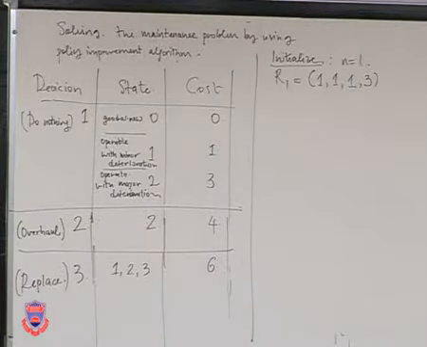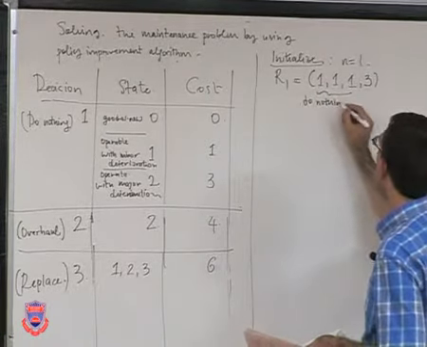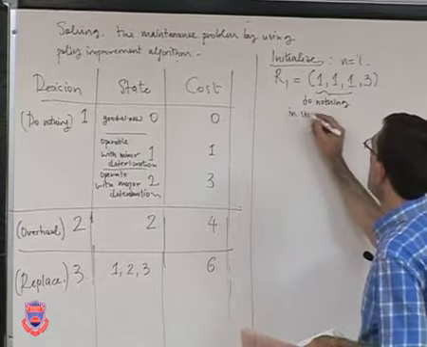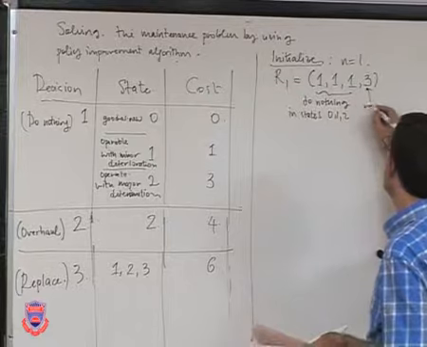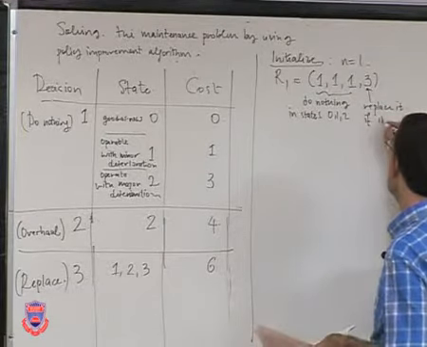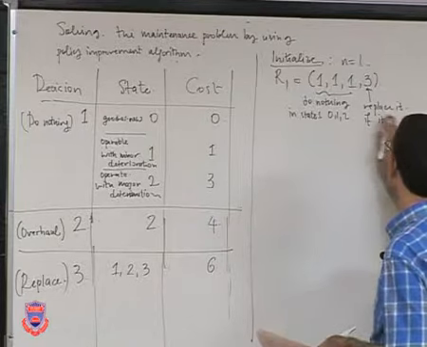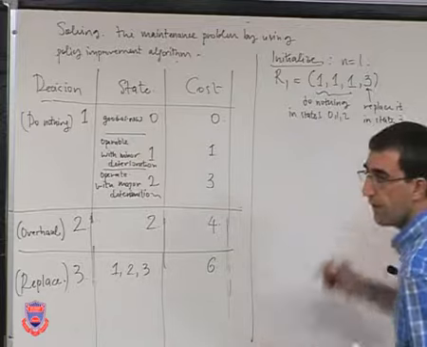Okay? Let's start with this one. So do nothing in states 0, 1, 2, and replace the machine if it fails, if it is in state 3.